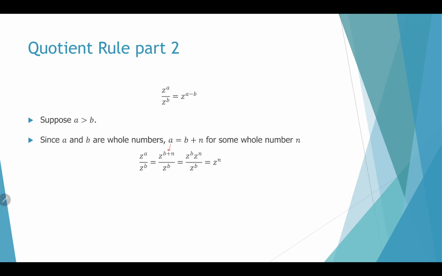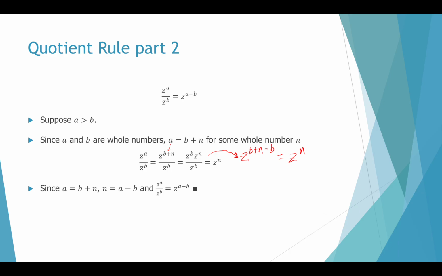So then I have b plus n minus b, right? So this piece would come out and be z to the power of b plus n minus b, which is going to just equal n, some other whole number.